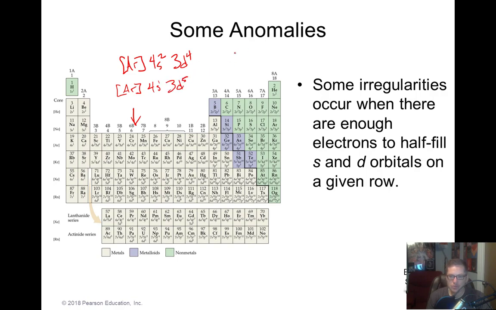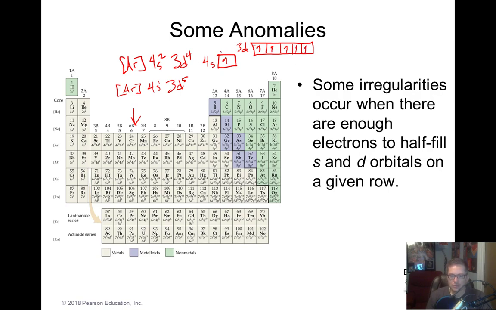If we were going to draw out the orbital diagrams for these, here's our 4s, so we've got one electron here, and then 3d, and we'd have 1, 2, 3, 4, 5. We get something like this.